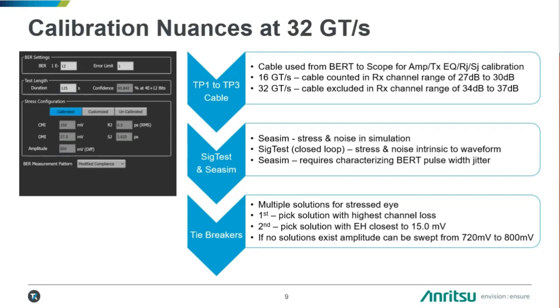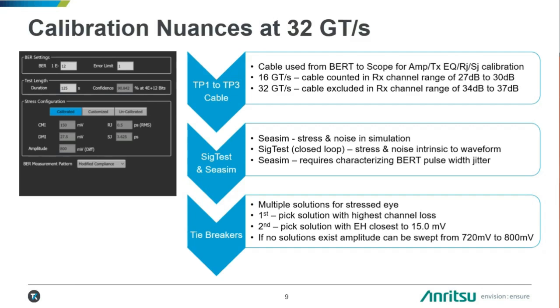It may be for Gen 5, but historically there's been more of a focus within chem on using SIGTest. So SIGTest is the waveform post-processing method. For this, we actually transmit the true pattern with the stress and noise added from the BERT, and we capture that at the end of the channel using the real-time scope.